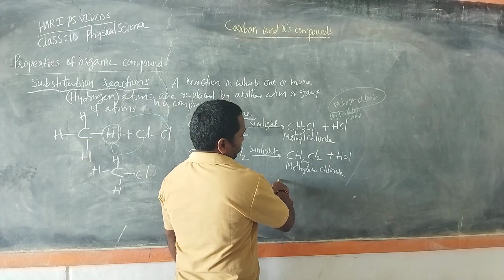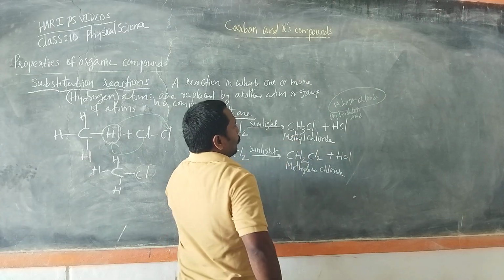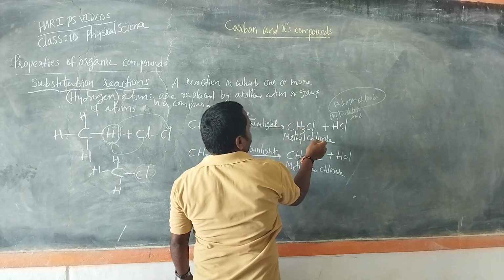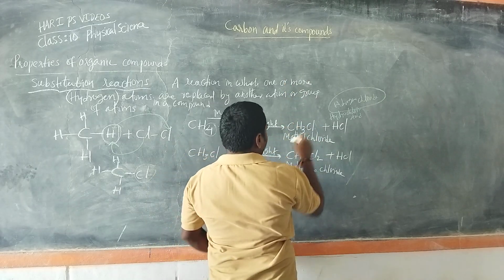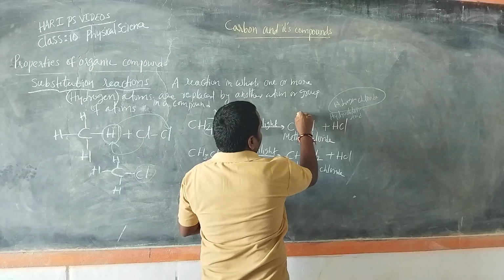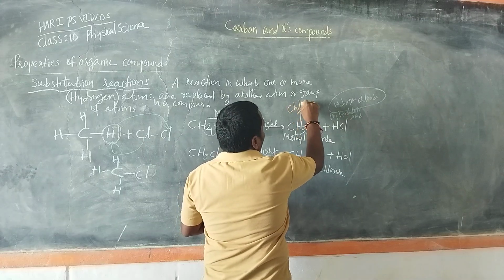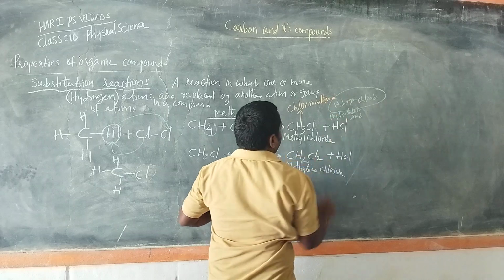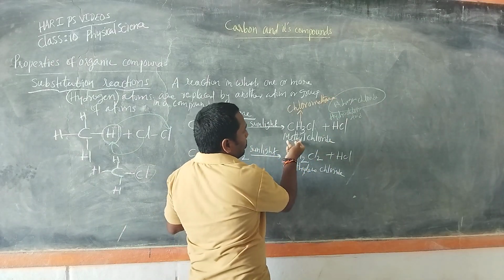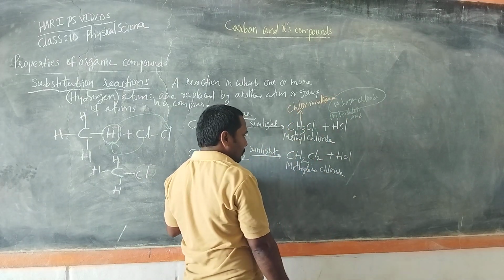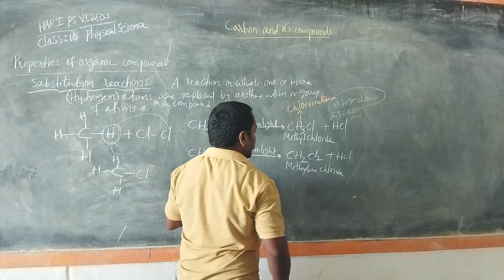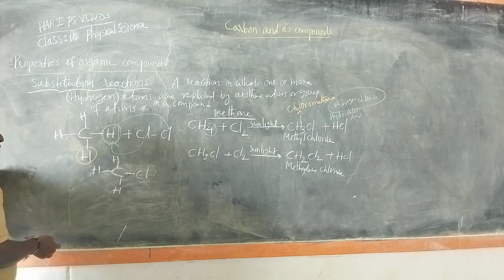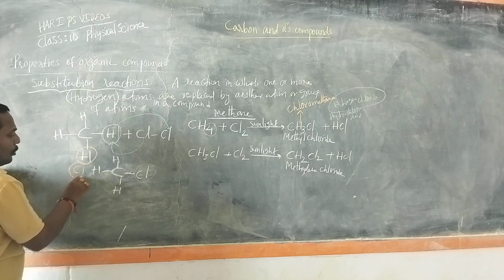Sometimes CH3Cl is also called chloromethane or methyl chloride. Here one more hydrogen atom is replaced by chlorine.